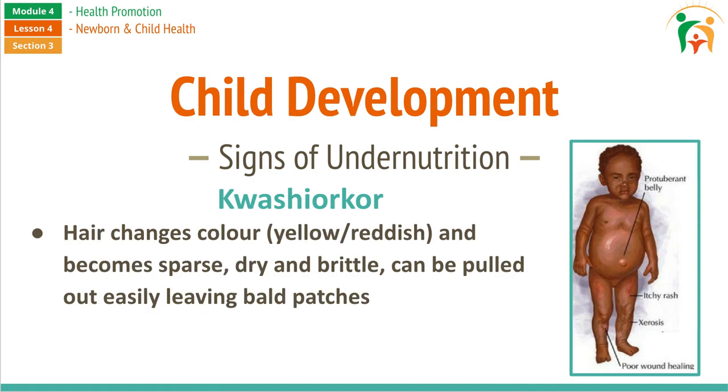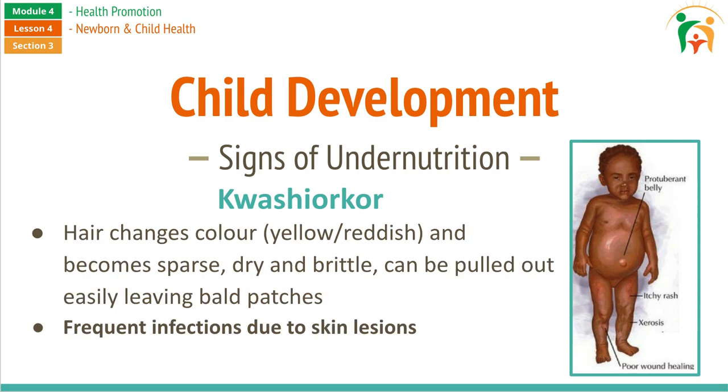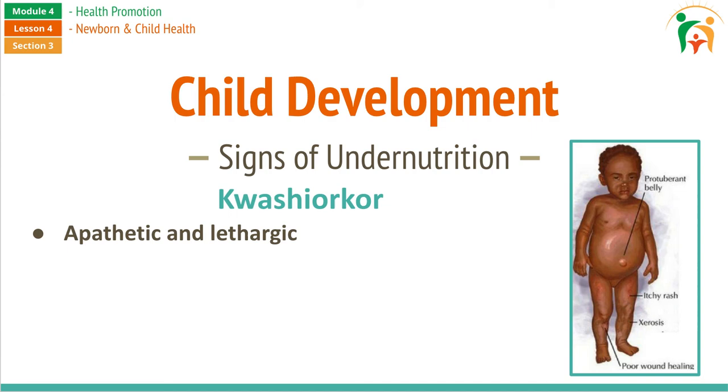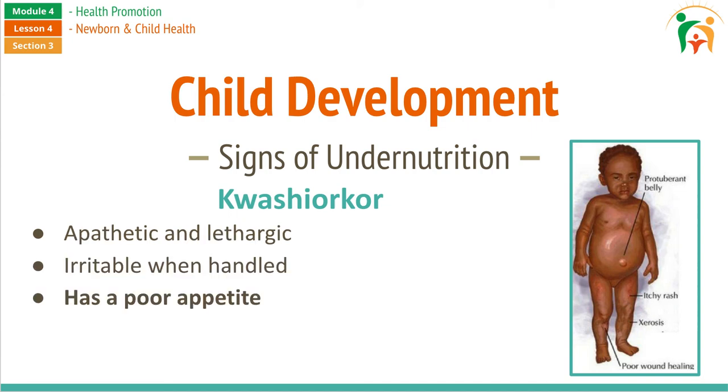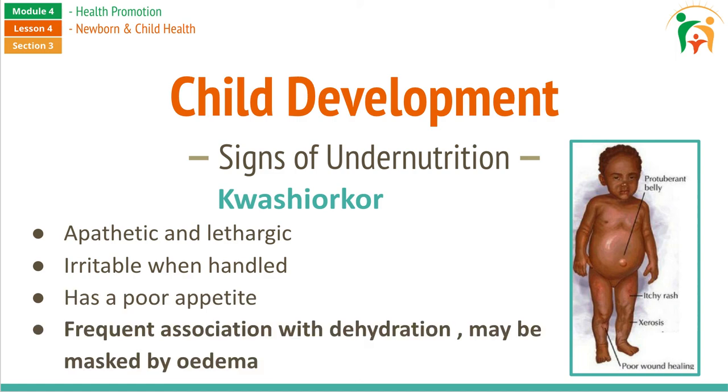Hair changes color to yellow or reddish and becomes sparse, dry and brittle, and can be pulled out easily, leaving bald patches. Frequent infections due to skin lesions. Apathetic and lethargic. Irritable when handled. They have poor appetite. Frequent association with dehydration, which may be masked by edema.